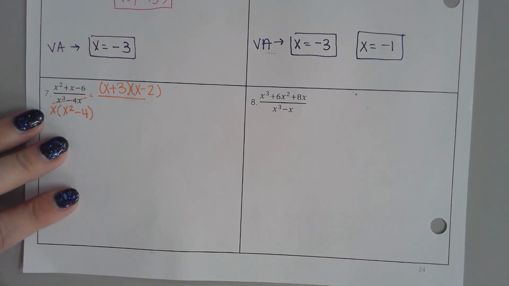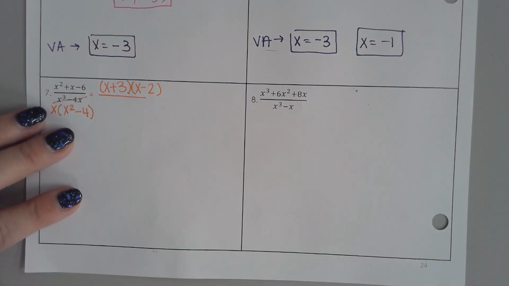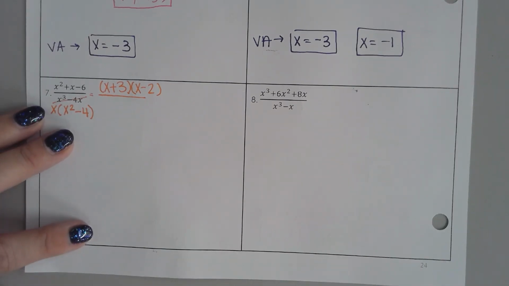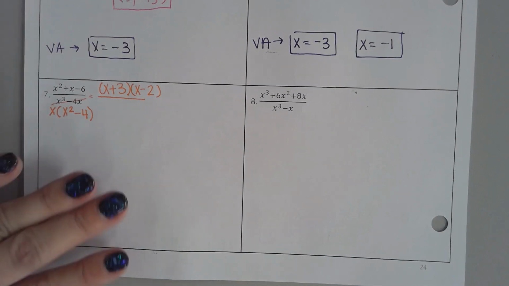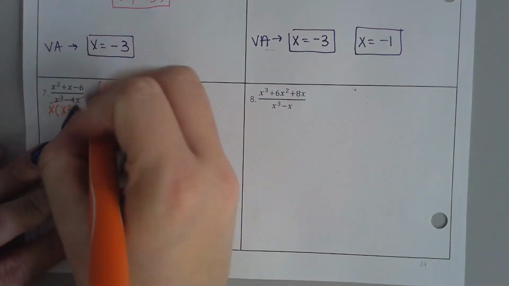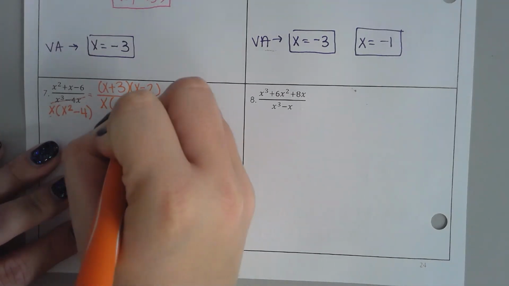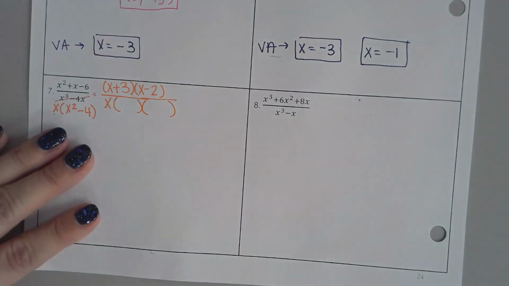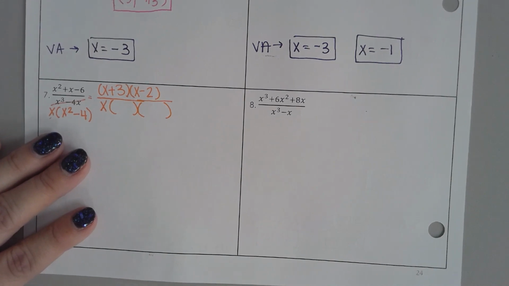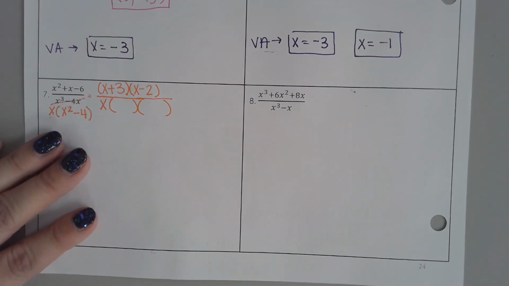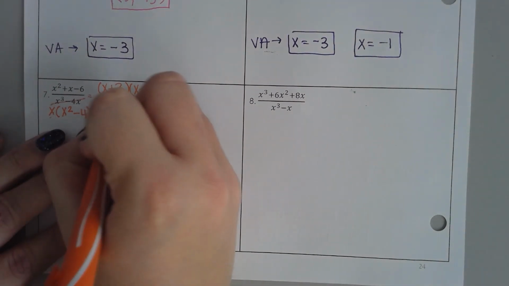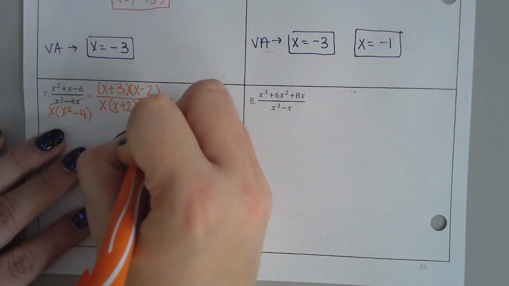What's special about x squared minus 4? That's a difference of squares. So we have the x, that was our GCF. And then how does the difference of squares simplify? x plus 2, x minus 2. Good.